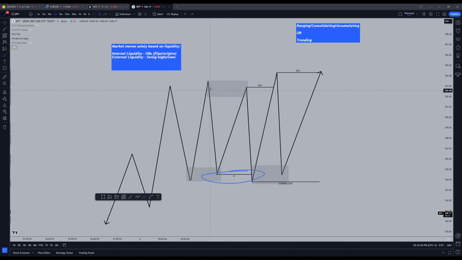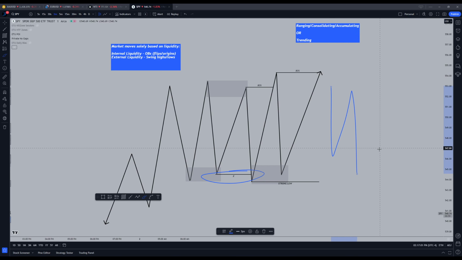So if you see internal go from internal 2 times in a row, you can expect the next move to be external. And then vice versa for a downtrend, right? Internal, internal, external. Or internal, internal, external. Like that.